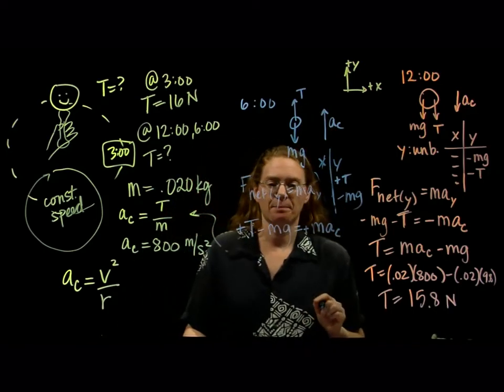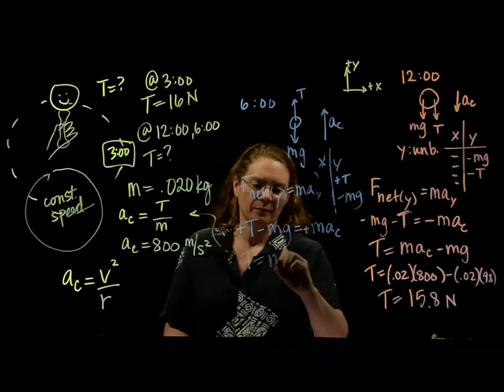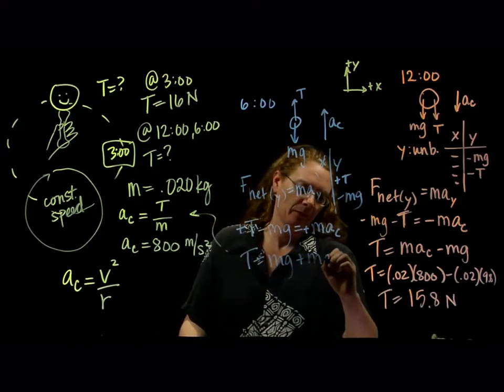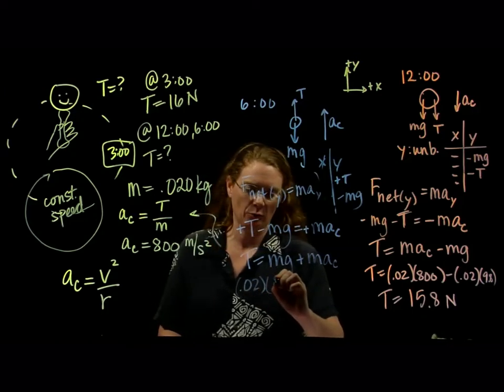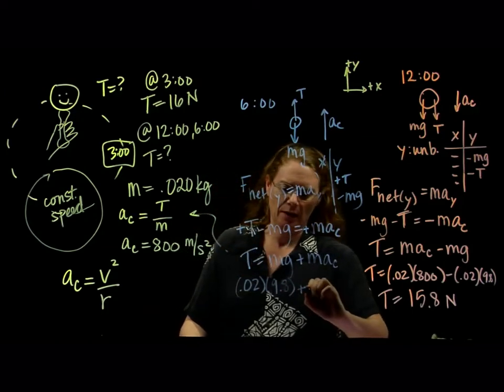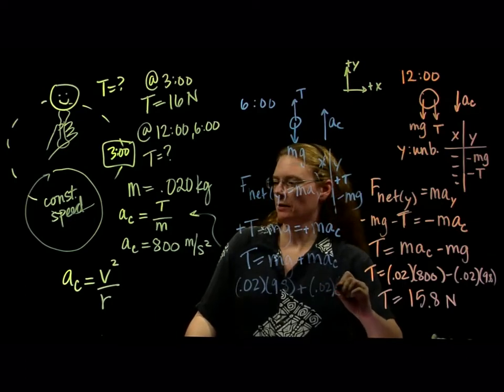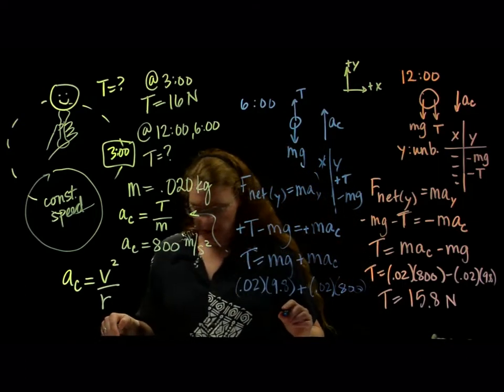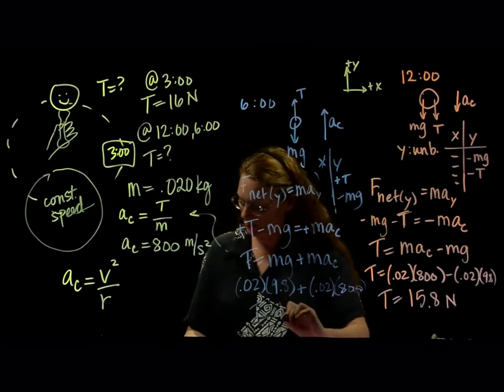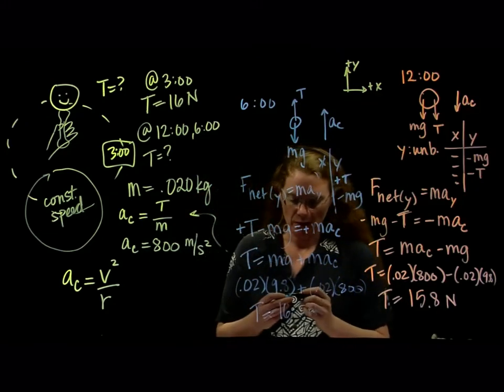It's going up in this case. Solve this for the tension: mg plus ma. So this is 0.02 times 9.8 plus 0.02 times 800. And if you do that math, you should end up with a tension of 16.2 newtons.